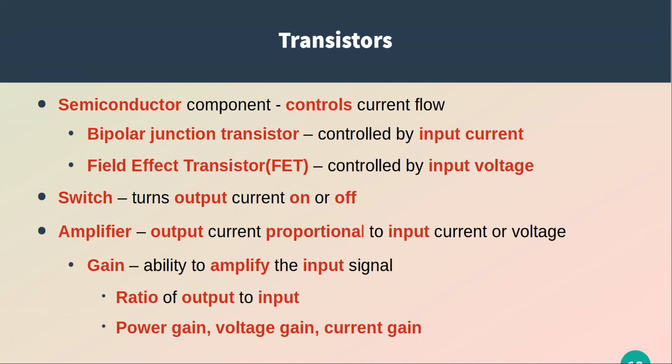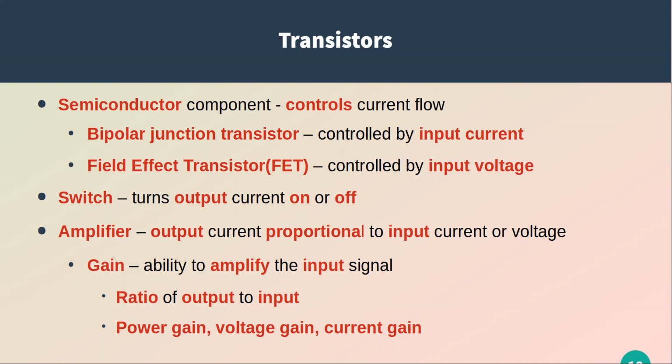In other words, it becomes a current controlling device, and we can vary how much current it allows with an input current. The field effect transistor also controls current, but we do it by an input voltage. So it acts like a vacuum tube where we use a voltage to control the current flow. And that's the basic difference: one is voltage controlled, the other is current controlled.